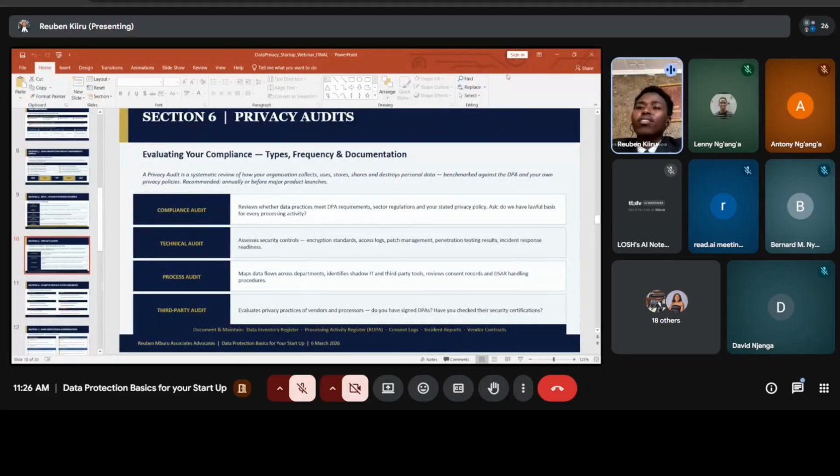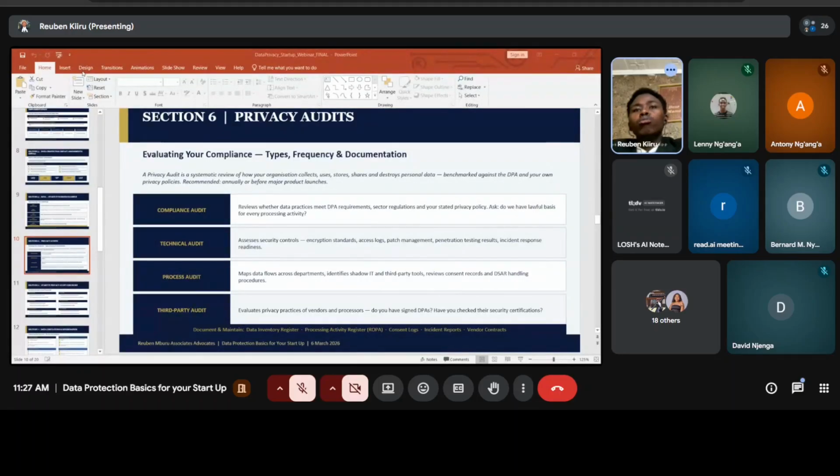Now, we have something else called privacy audits. Privacy audits is where within your organization, you need to check the compliance that you have been doing. Ideally, an audit is just a review of how your organization has been doing. A privacy audit is a systematic review of how your organization collects, uses, shares, stores, and destroys data.